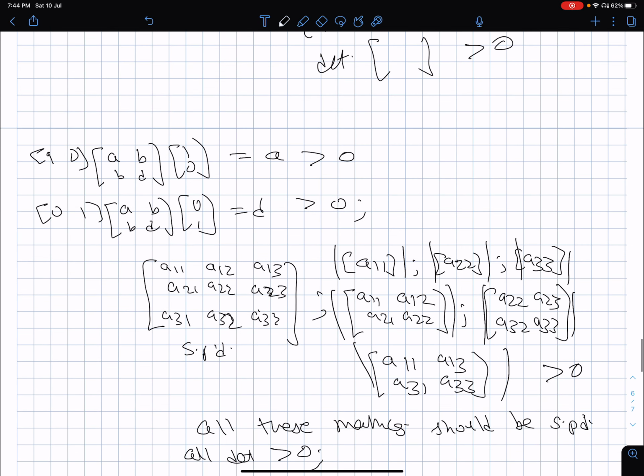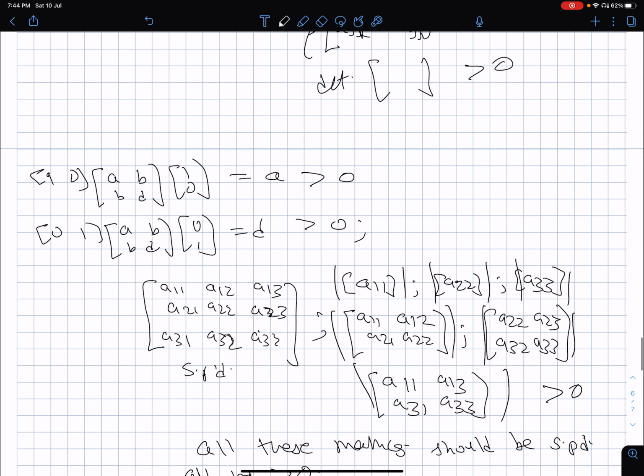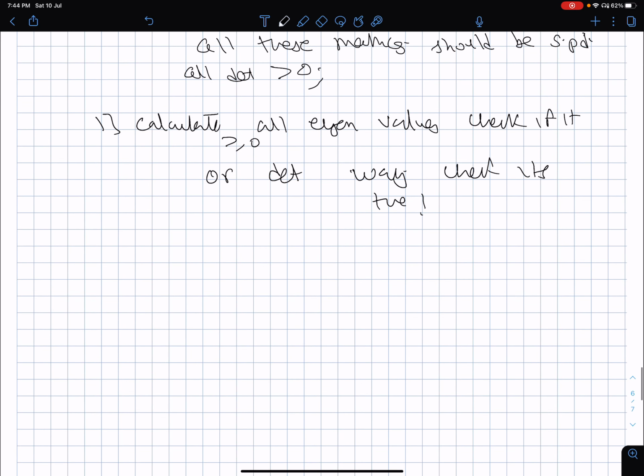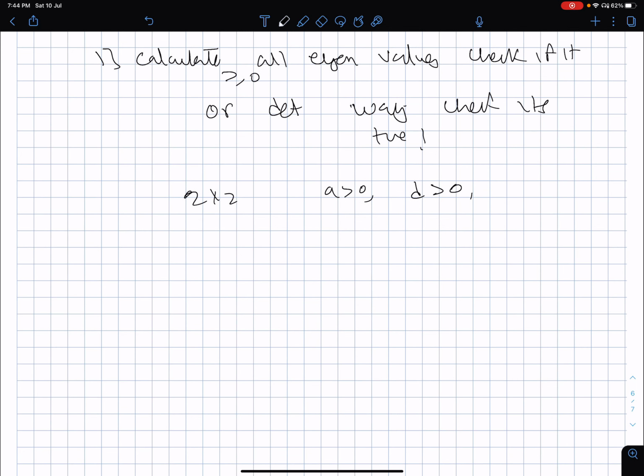If it's a 2 by 2 matrix, then it's simple. For a 2 by 2 matrix, what you should look at is: A greater than 0 for positive definiteness, D greater than 0, and AD minus B square, which is the determinant of [A B; B D].